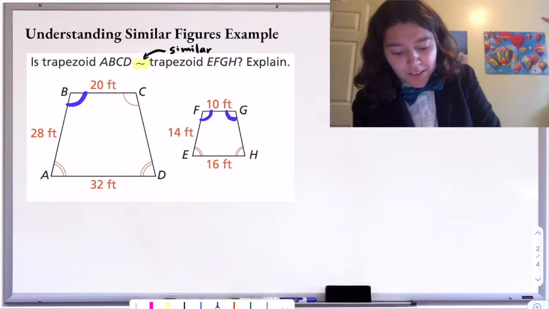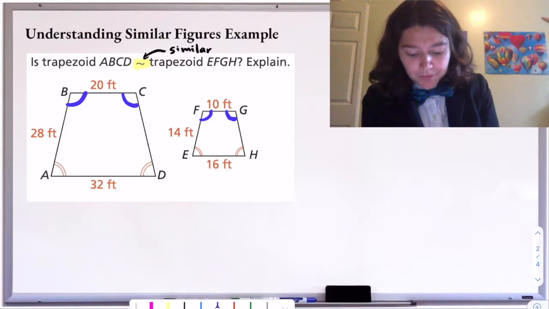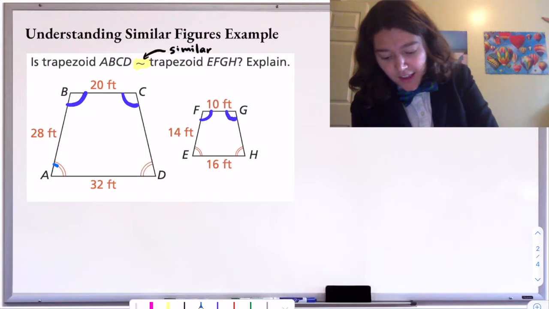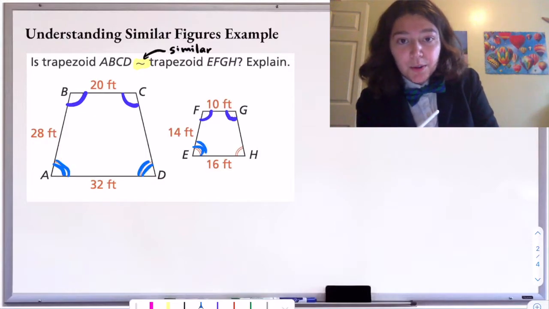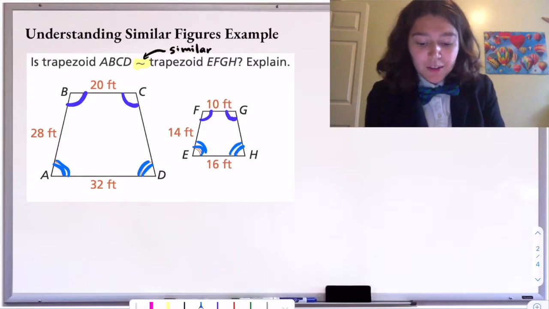And that happens to have the same angle measure for C and G. Those are corresponding angles. And then a similar thing down here for A and E, those are corresponding angles. They have the same measure. And D and H, they have the same angle measure.